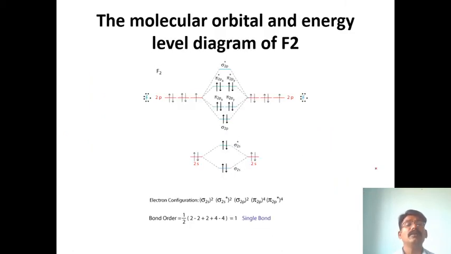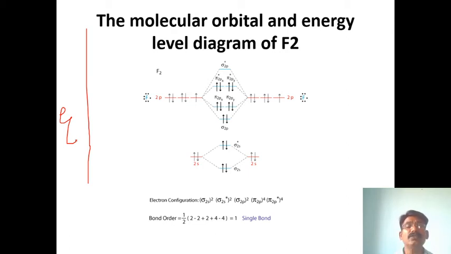And now fluorine. Draw the electron energy diagram of fluorine, and write the electron configuration, bond order and magnetic property. These are very important for fluorine. Here also in the 2s level and 2p level, the 2p level has 5 electrons and the 2s level has 2 electrons.